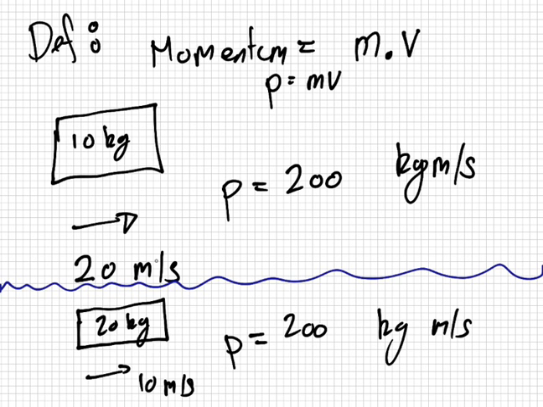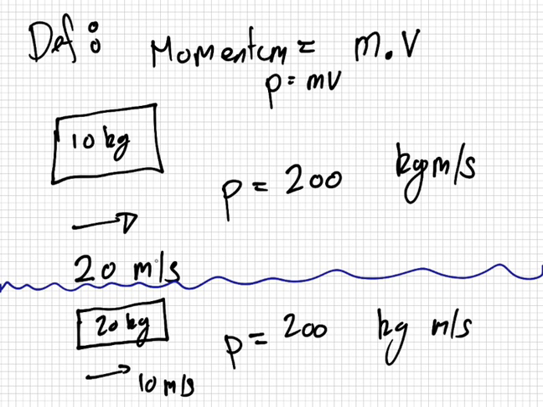Okay? So if I want to stop this person or car or whatever, it's the same difficulty. So momentum is something that tells us how difficult it is to stop.